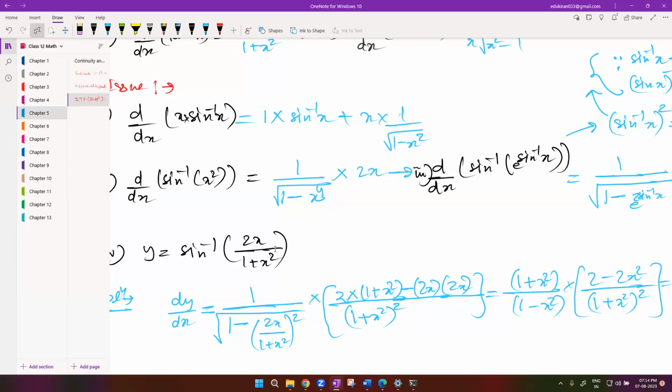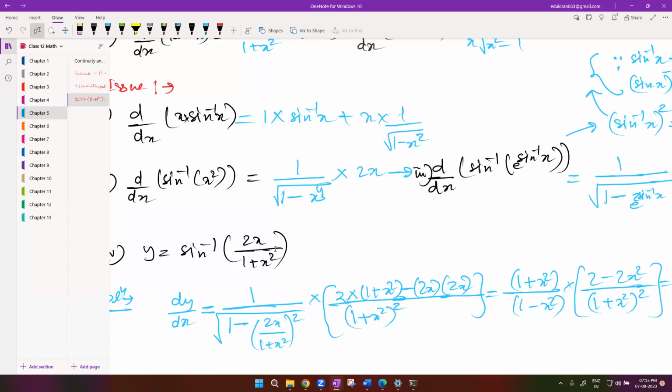Now, why is that happening? Because if you put x equals tan theta in this case, then this whole function will become sine 2 theta. Now, sine inverse can be removed with the help of sine. Sine inverse of sine can be removed directly, I mean, not directly, but in your syllabus it can be removed directly.